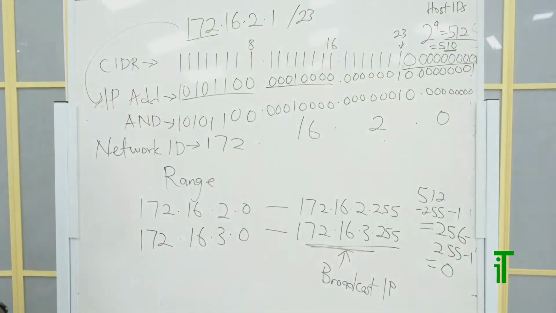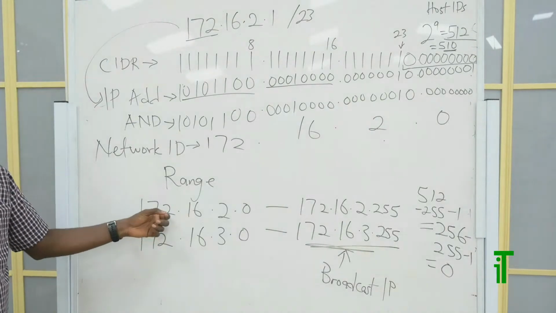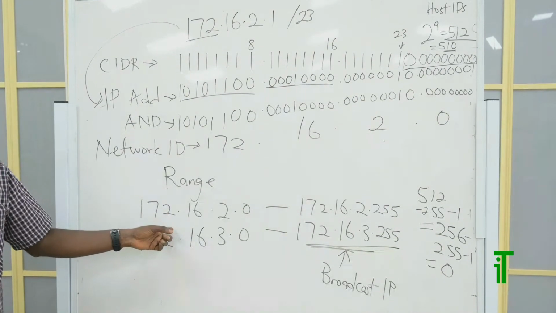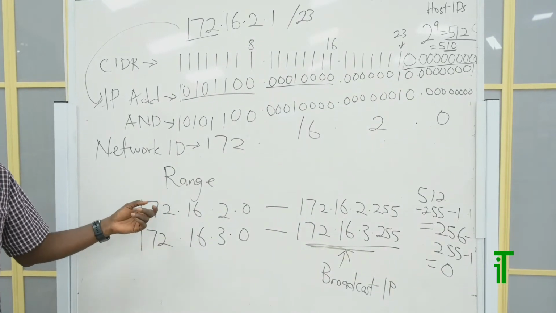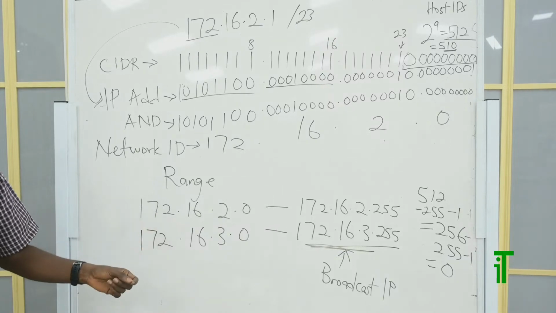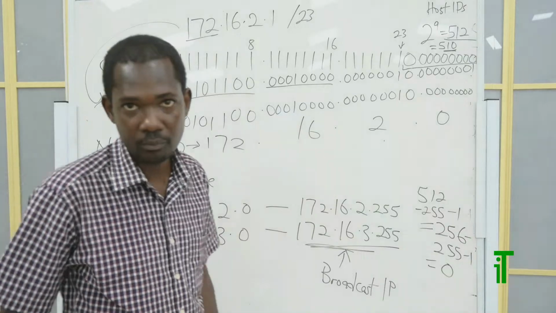All right, so let's see which of these are on this network. 172.16.2.255, yes, it's on the network. And 172.16.3.0 is also on the network. Let's check the answers.